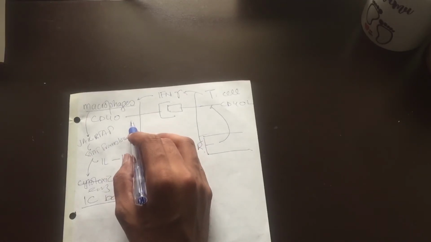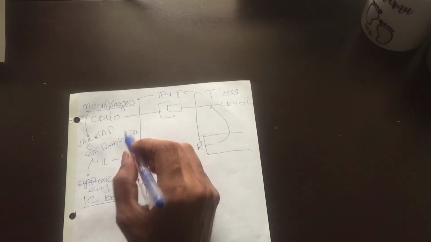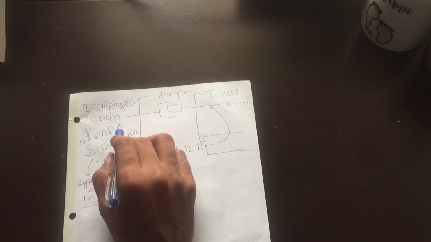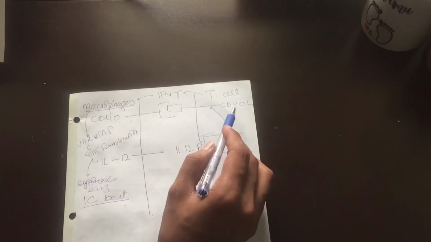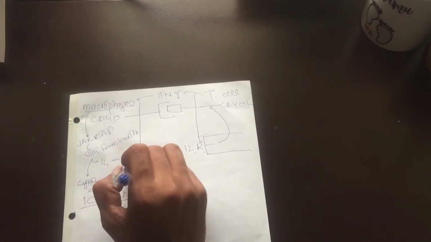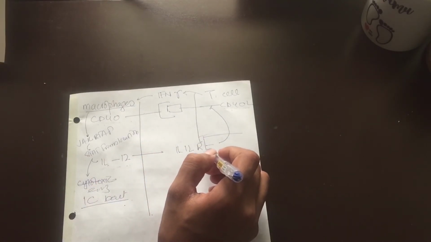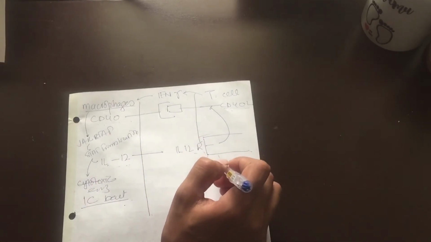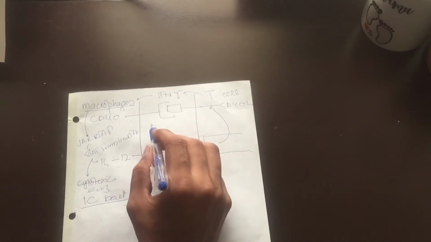So in macrophages we have CD40, which binds to the CD40 ligand, and interleukin 12, which goes to the interleukin 12 receptor of the T cell, which activates interferon gamma.